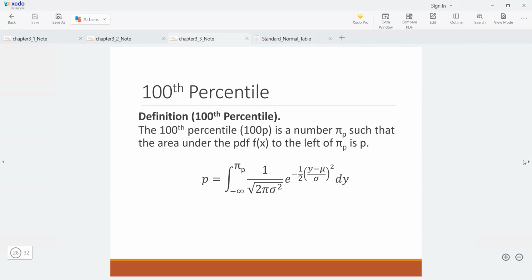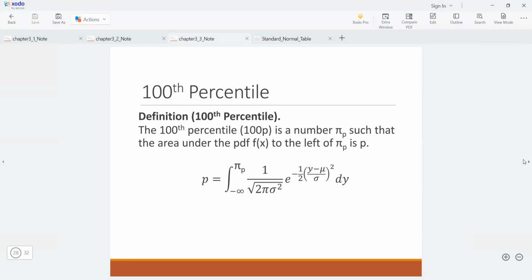If we write this as an integration, this is the notation: the integration from negative infinity to pi p of our probability density function is equal to what we look for, which is the value of p. And the notation for the p-th percentile is pi p.